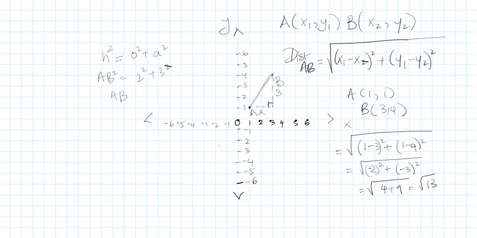So AB will be the square root of 4 plus 9, which is square root of 13, exactly the same answer we got after we applied the distance formula. So the distance formula and the Pythagoras theorem both mean the same thing.